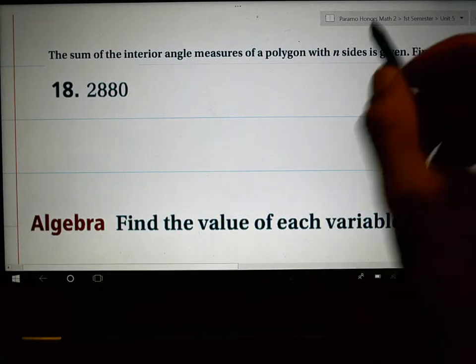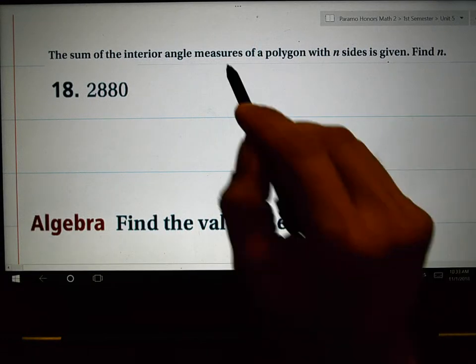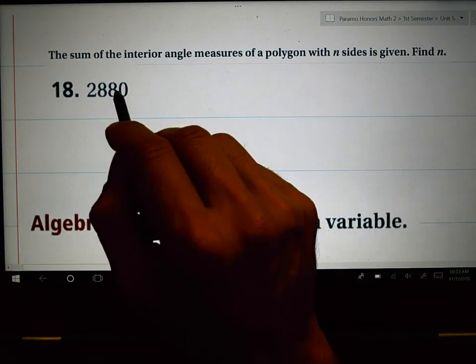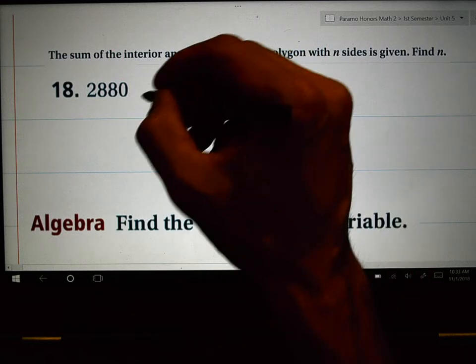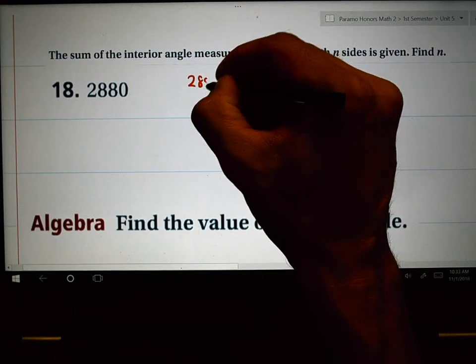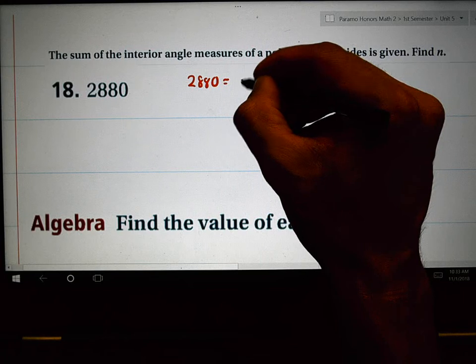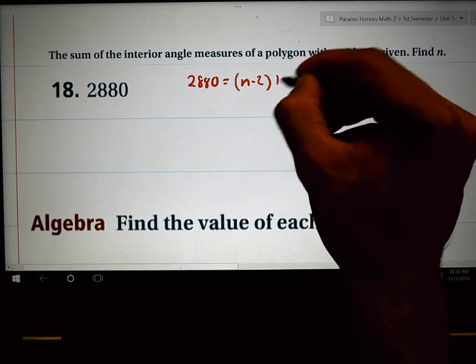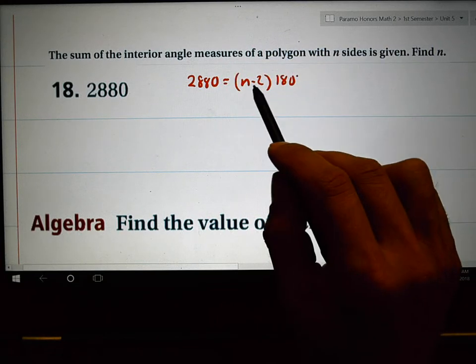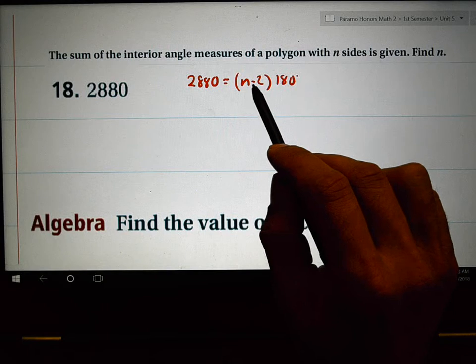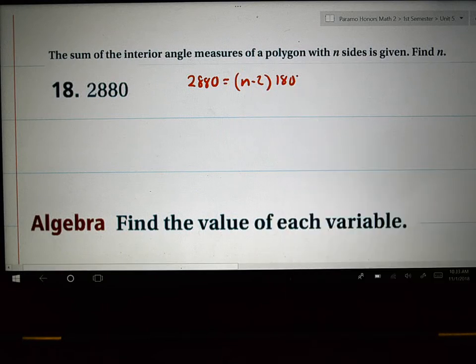But we know that the sum of the angles adds up to 2,880 degrees. So I can take that number and set it equal to one of the formulas. I don't know how many sides it has, but I know if I subtract 2 and multiply by 180, that will give me the sum of the interior angles. I'm going to use that first formula.